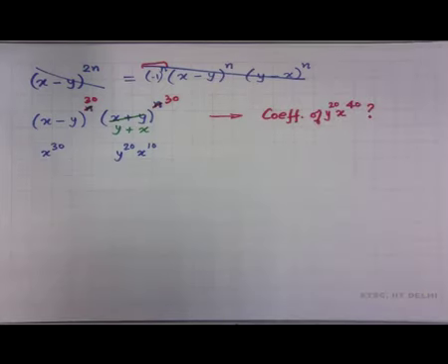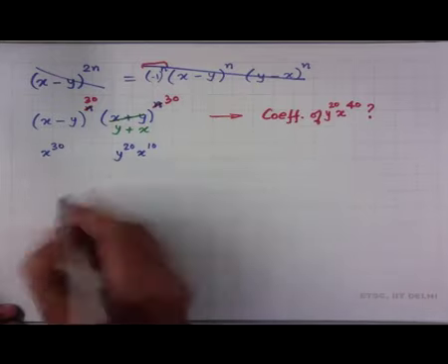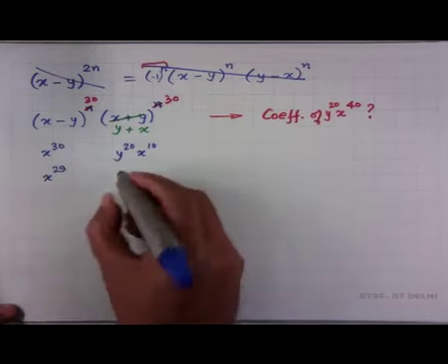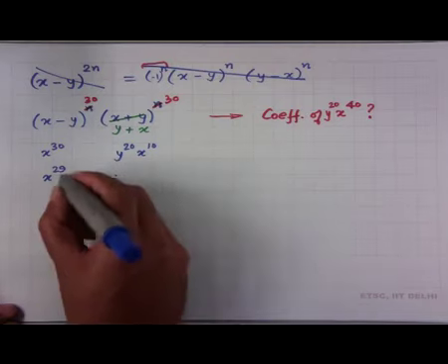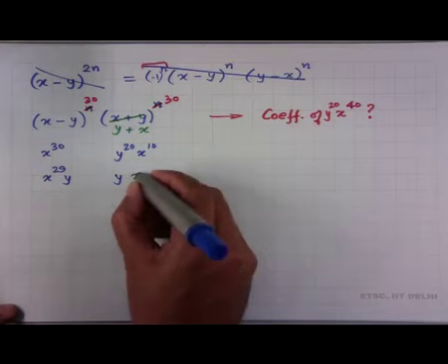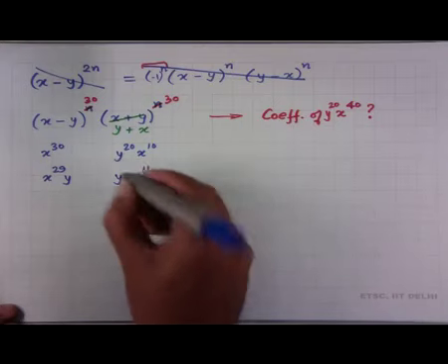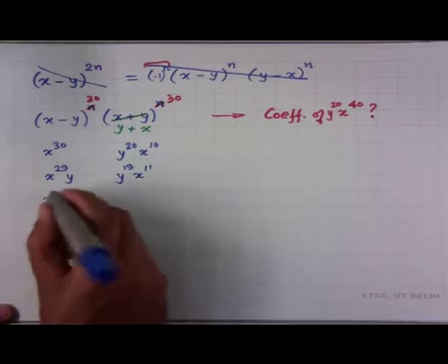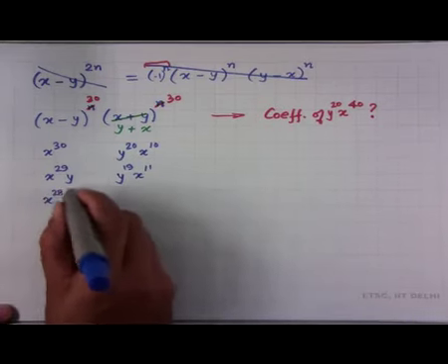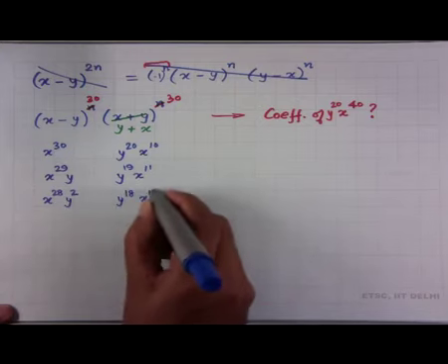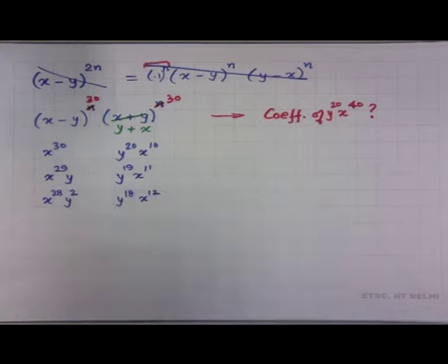That is one possibility. Another possibility is x power 29 over here and y power 1, and y power 19, x power 11. Then you can do x power 28 y squared, y power 18, x power 12, and all of these.